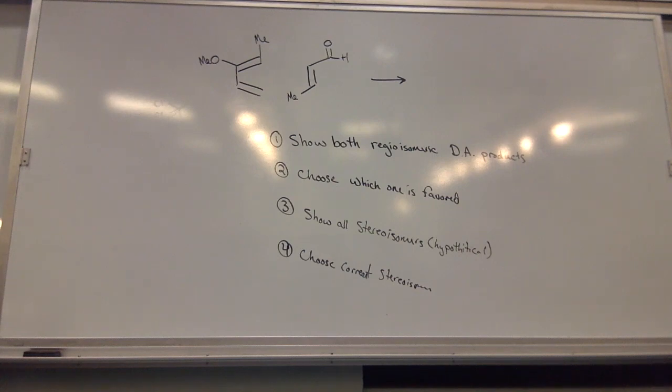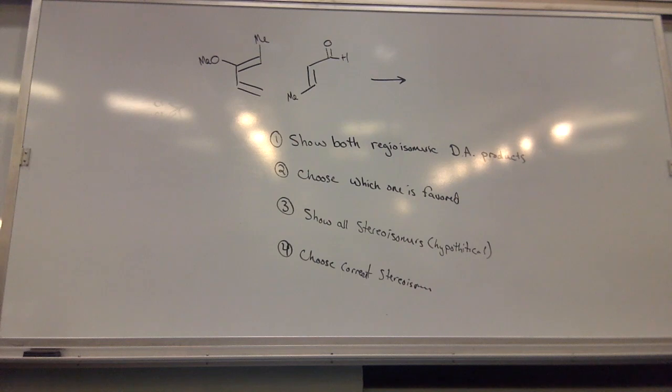You showed 4 because you were then showing the endo and exo of each one. I was showing it more like a funnel, right? I was funneling down. I'm saying, basically, start with the 2 regioisomers, then take the diastereomer that results from that one regioisomer. So what does it mean when I'm saying regioisomer?